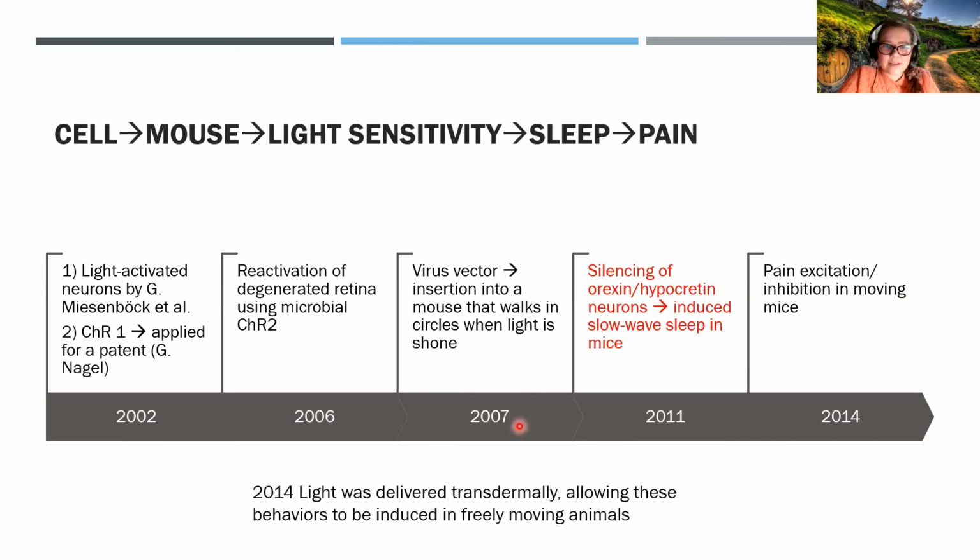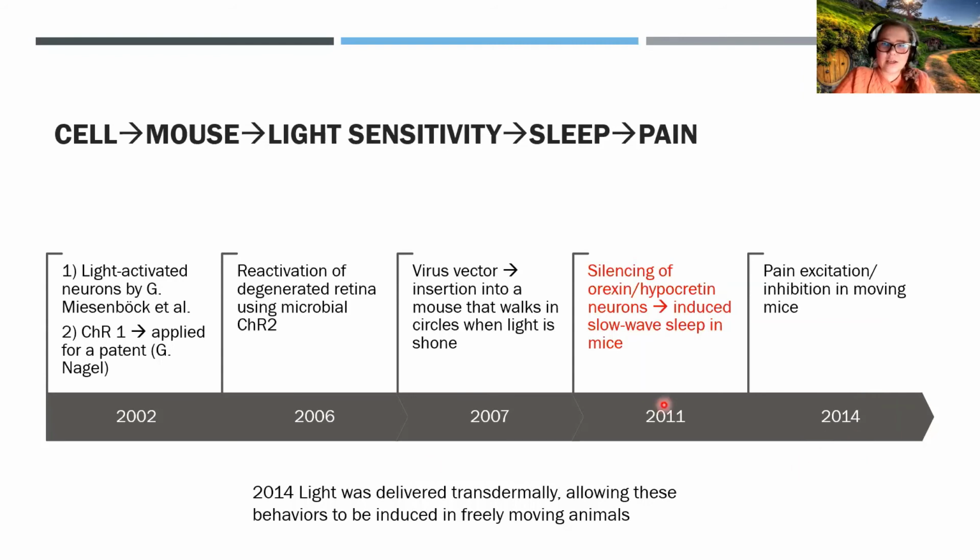In 2007, a mouse could walk in circles after shining the light. In 2011, silencing orexin hypocretin neurons caused slow wave sleep in mice, and pain excitation or inhibition could be caused by optogenetics in moving mice in 2014.